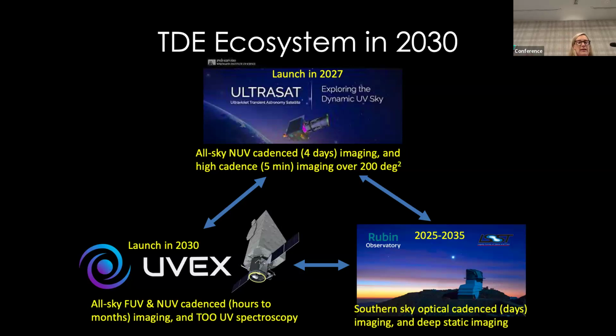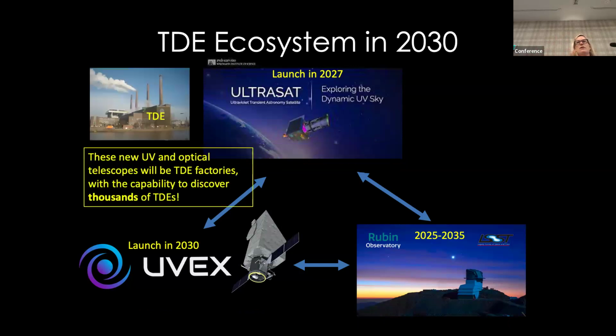And then we have the UVEX Medium Explorer mission from NASA, which is launching in 2030 and is going to provide both all sky, far UV and near UV cadenced imaging on the timescales of hours to months, as well as a very powerful target of opportunity UV spectroscopy capability. And so these 3 surveys and facilities operating together are really going to produce thousands of tidal disruption events and are genuinely tidal disruption event factories.